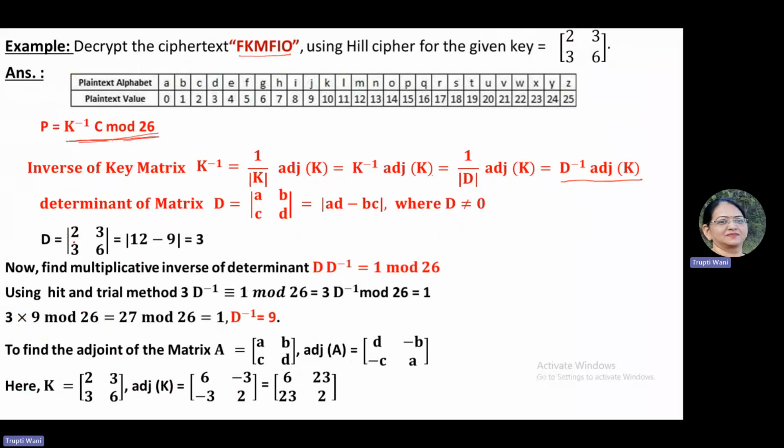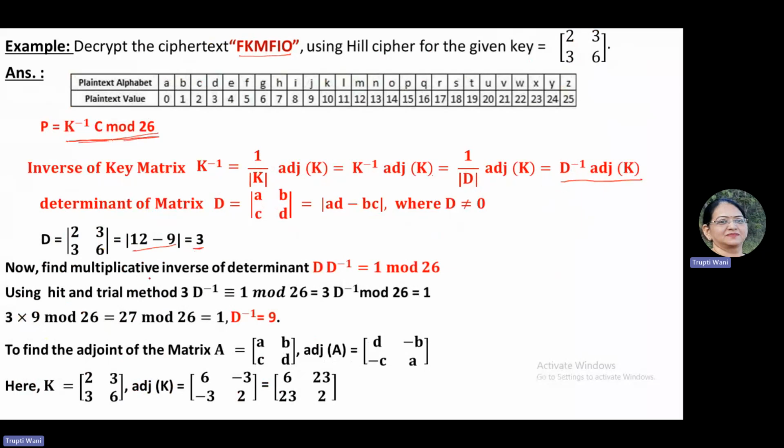Here it is 2, 3, 3, 6. 2 into 6, 12, minus 3 into 3, 9. So 12 minus 9, we get 3. This is the determinant, meaning 1 upon 3.